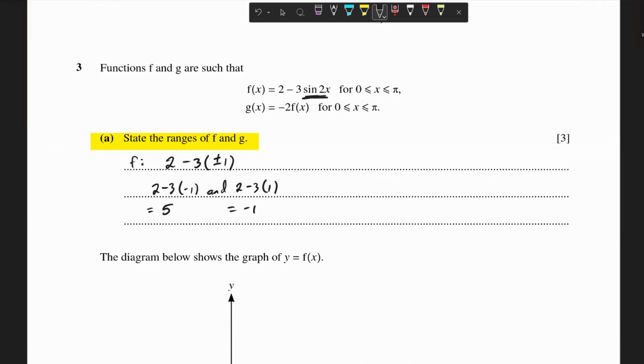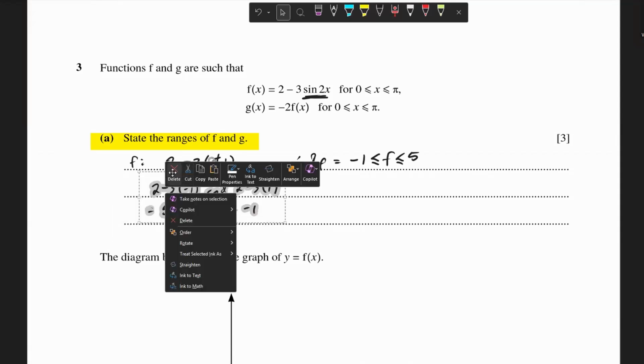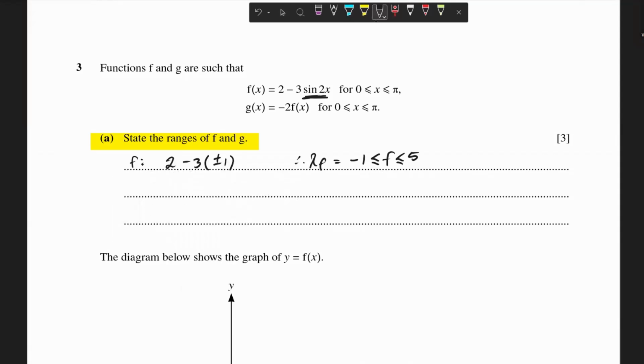Okay, so let me just write it here. Therefore, range of f is from -1 to 5. Okay, so I'm going to remove these workings because of the limited space we have. Let's go to the function g. The function g is negative of 2 of f of x, right?